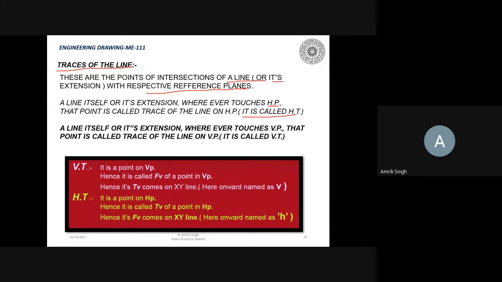Similarly, where it touches the VP, it will call vertical trace. Okay. So VT, what is VT and HT? So we say vertical trace and horizontal trace. Okay. So you can write here vertical trace, vertical trace, and this is the horizontal trace.